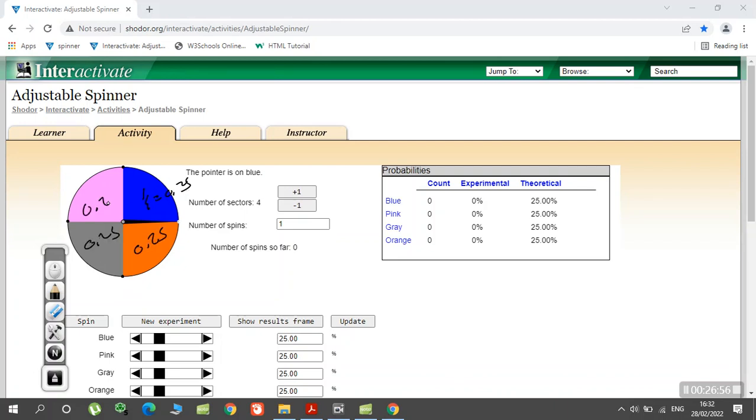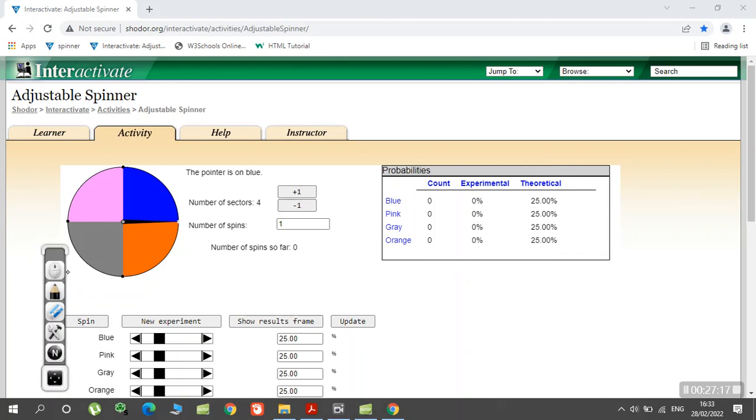Again 0.25, again 0.25. So these are the theoretical probabilities. We didn't do anything. We didn't spin. So, as you see, all are 0.25. You can write all probabilities, blue, pink, gray, as a 25% chance.